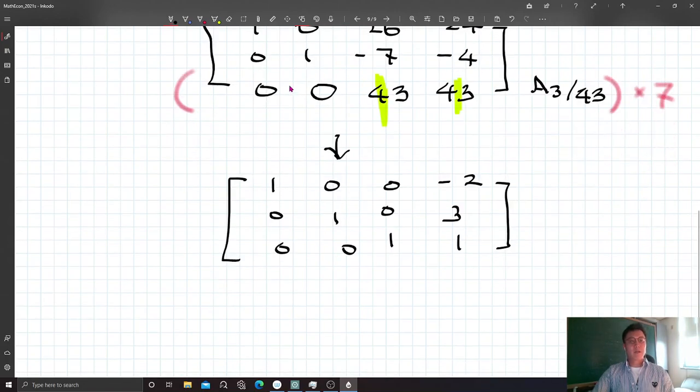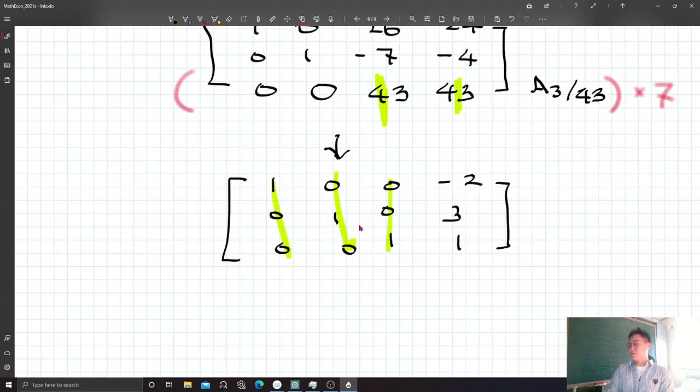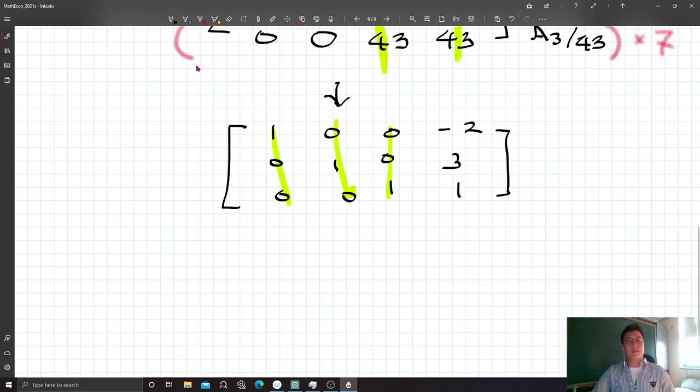All right, so now the coefficient matrix is in the reduced form. Each pivot is a number 1, and each column containing a pivot has no other non-zero numbers. So it satisfies the two conditions for being in reduced form. So now we are done. How do we interpret this?